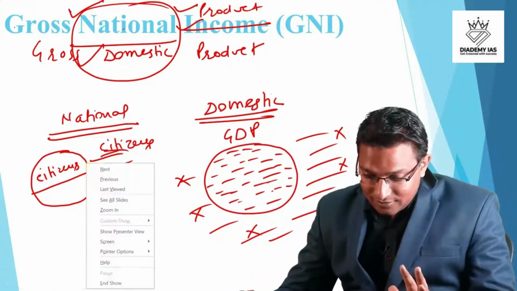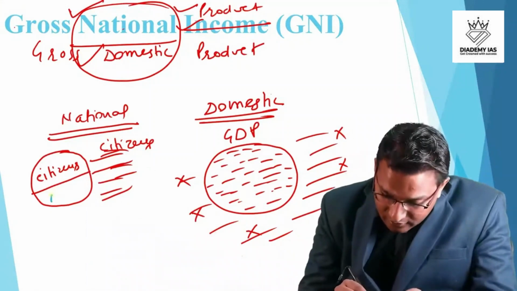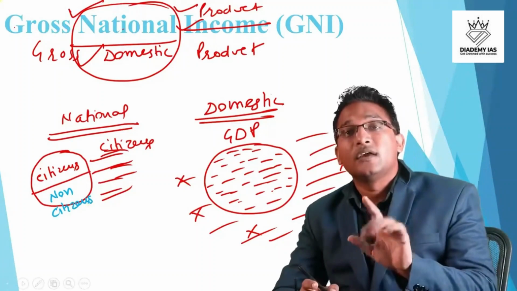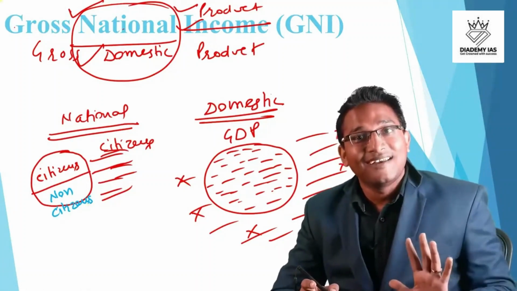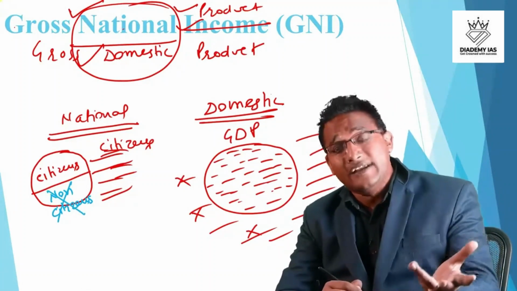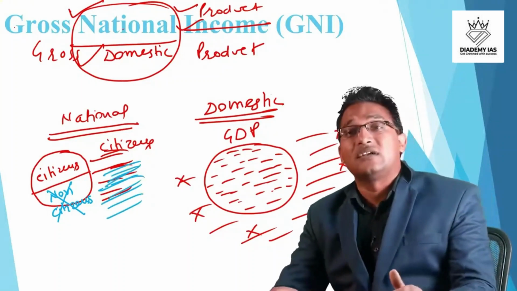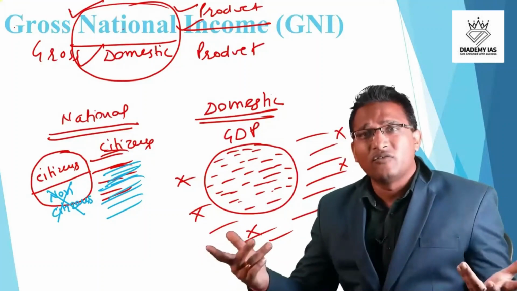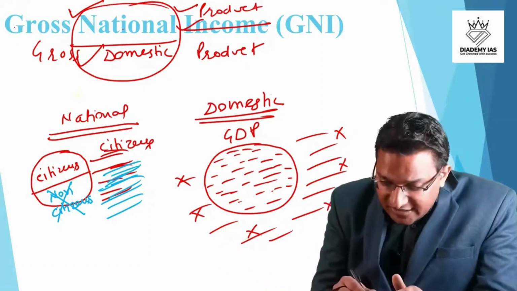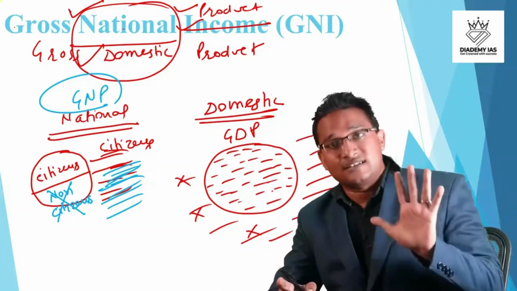Now, if the production is done by non-citizens in the economic territory, it will not be part of the GNP. It will not be part of the GNP, right? And definitely outside the economic territory, any production done by the non-citizens is very clearly not part of the GNP, right?